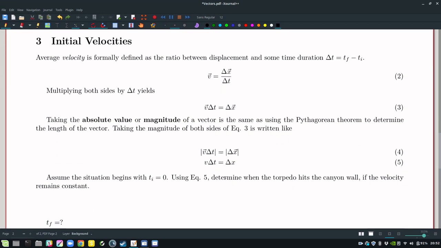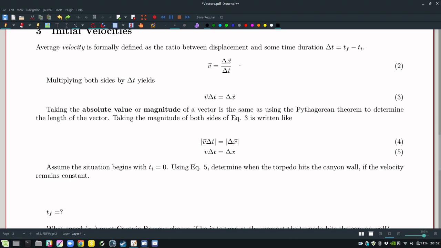So velocity is simply the ratio of displacement to time duration. Time duration is defined just like displacement, where it's a final quantity minus an initial quantity, except time is not a vector. If I multiply both sides by delta t, then you get delta x is equal to v delta t, where v is a velocity vector.